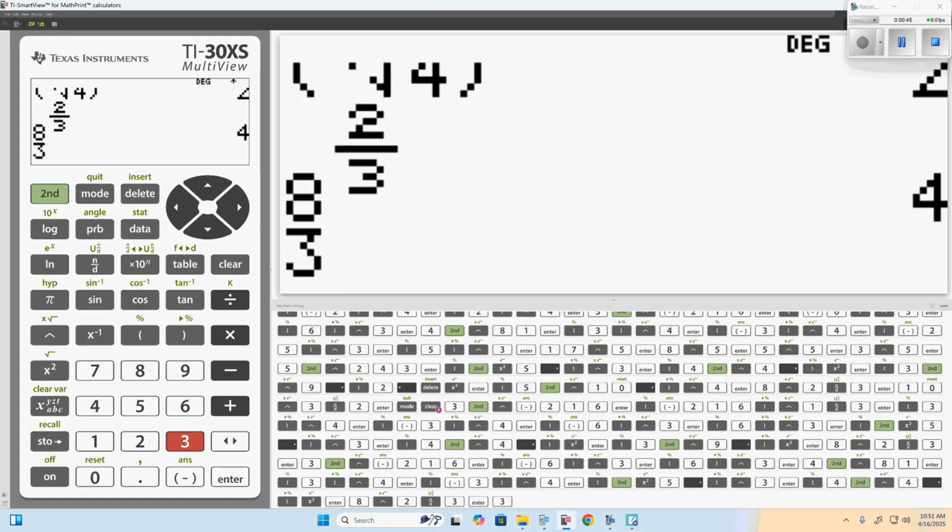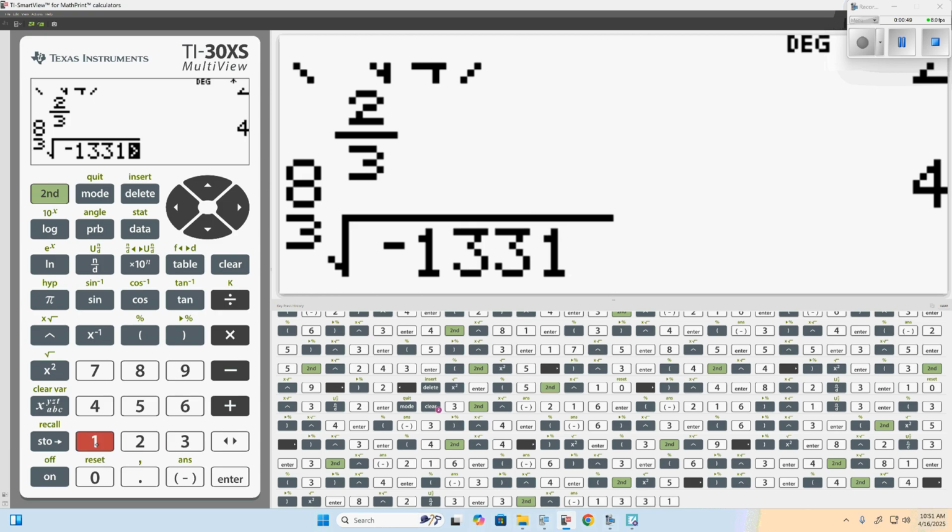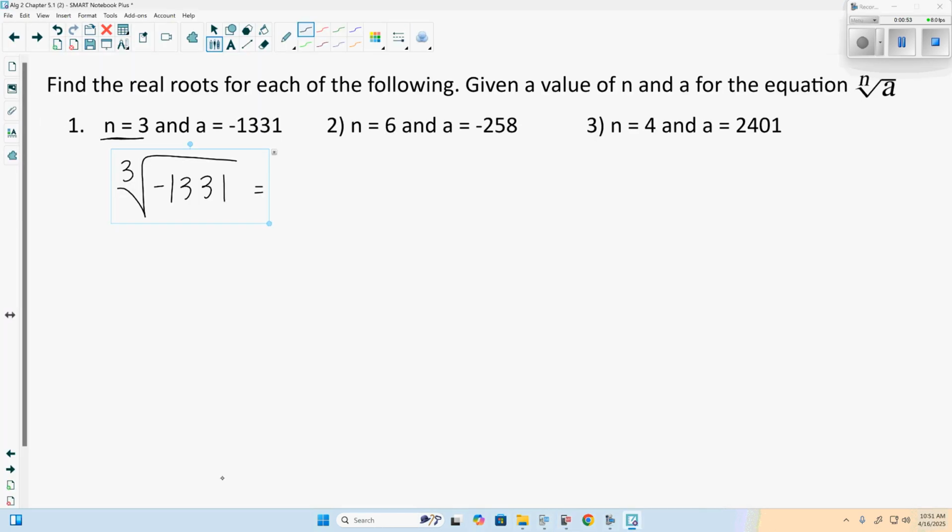And we could plug this in. The third root of negative 1,331 is negative 11, because if we multiply negative 11 by itself 3 times, we get negative 1,331.